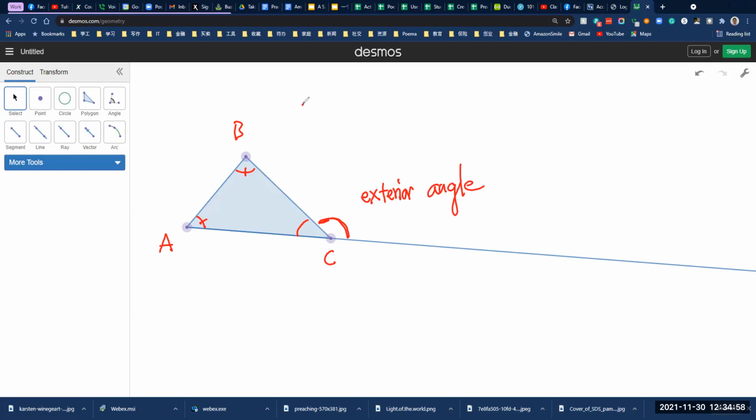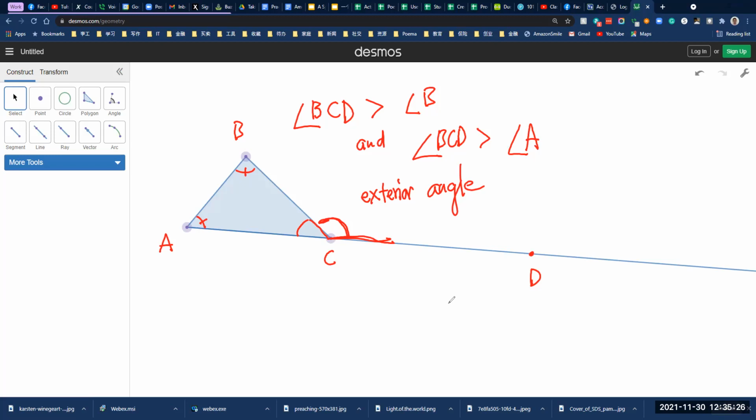So basically we're saying, B, C, let's put another point, D. So this angle BCD is bigger than either angle B, and also BCD is greater than angle A.